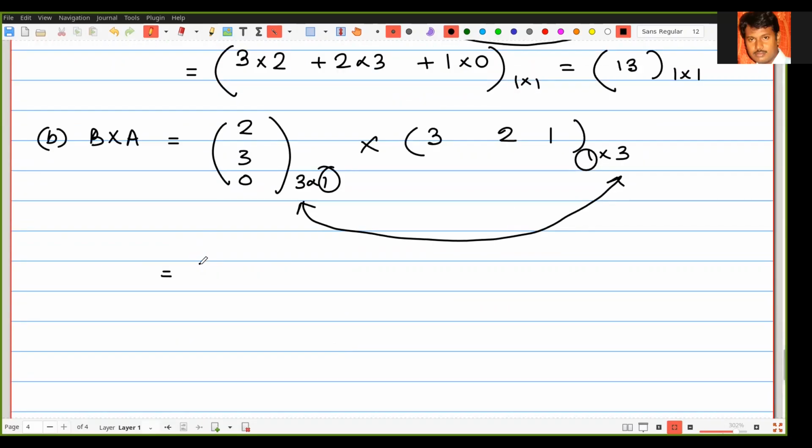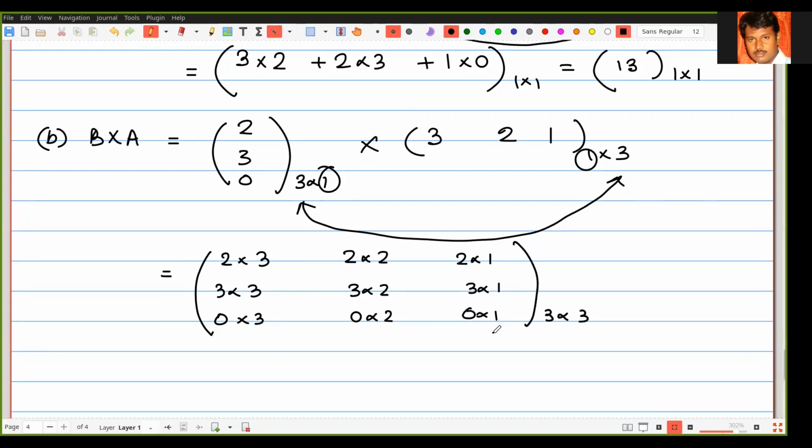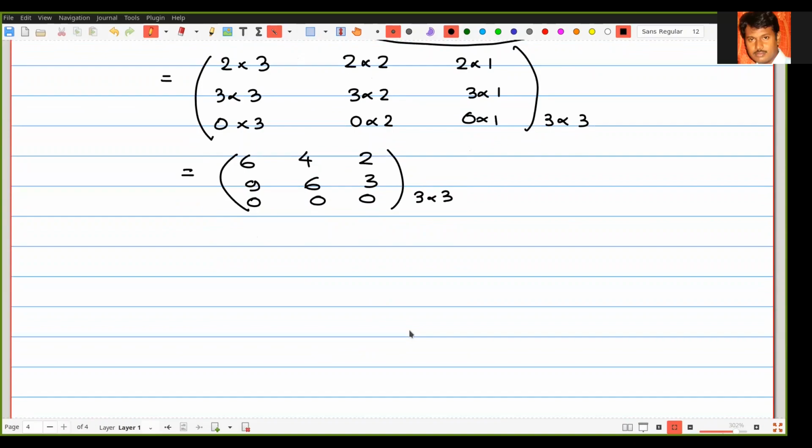Proceeding with the multiplication: 2 cross 3, 2 cross 2, 2 cross 1, then 3 cross 3, 3 cross 2, 3 cross 1, and 0 cross 3, 0 cross 2, 0 cross 1. The result is [6, 4, 2; 9, 6, 3; 0, 0, 0], a 3 cross 3 matrix. So B cross A is also possible.